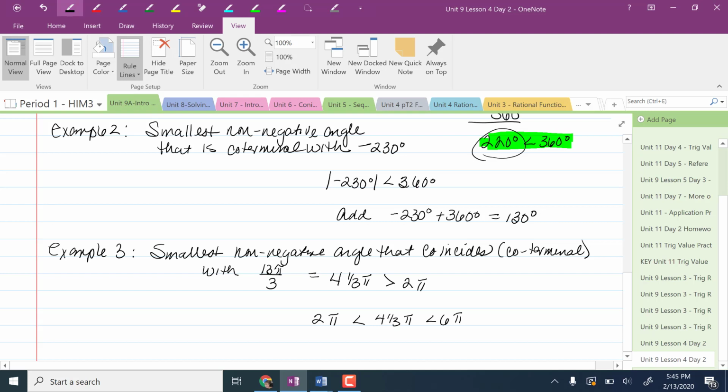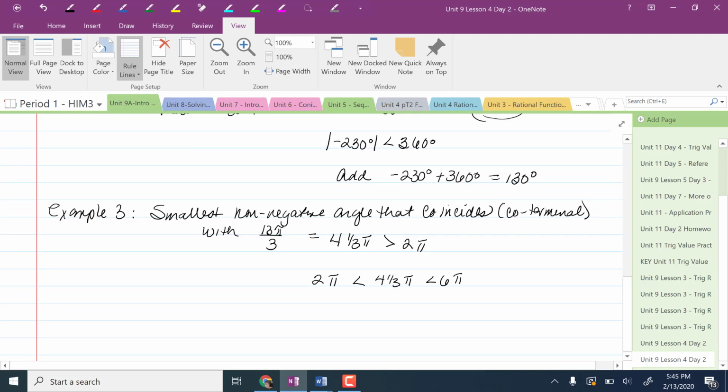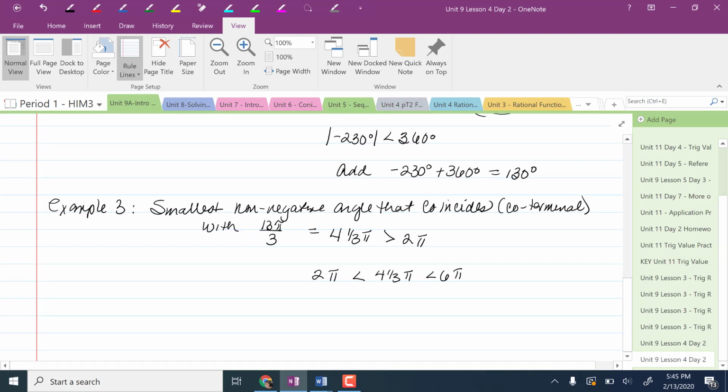So we can go twice around, but not 3 times around. And so now, because we're larger, we're going to take away 2 revolutions to get to the smallest coterminal angle. Taking away a 4 pi here would leave us just with 1/3 of a pi, or we could say pi over 3.